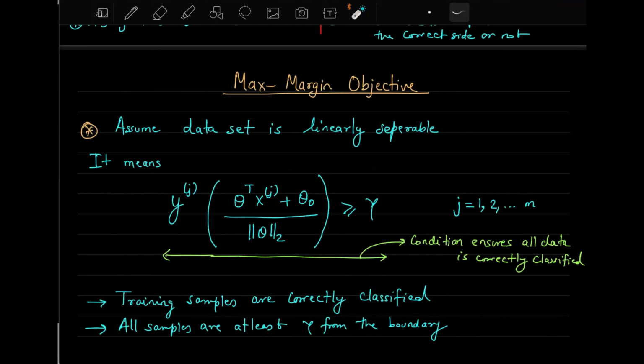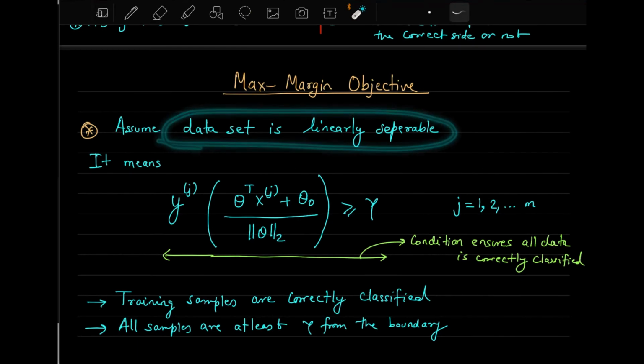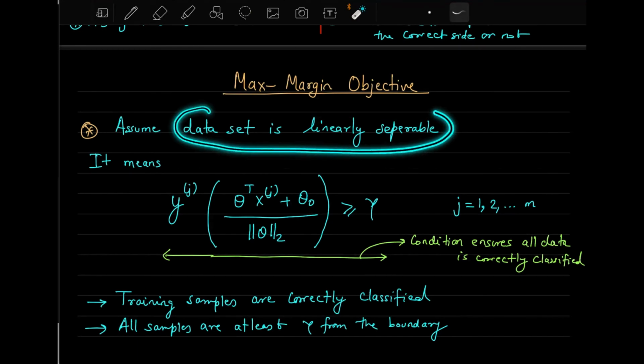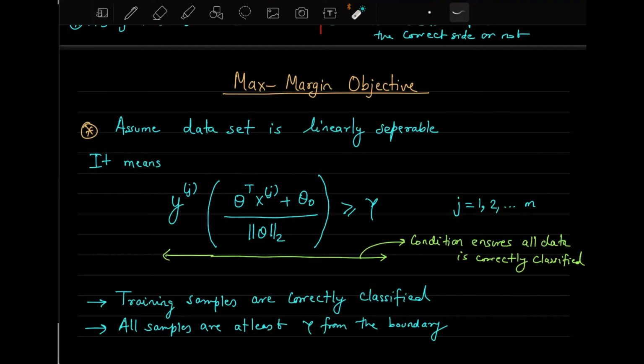In order to achieve this, the very first assumption that we make, which is very important in case of support vector machines, is that we assume our data set is linearly separable. It's very important. We are not dealing with data which is non-linearly scattered around.